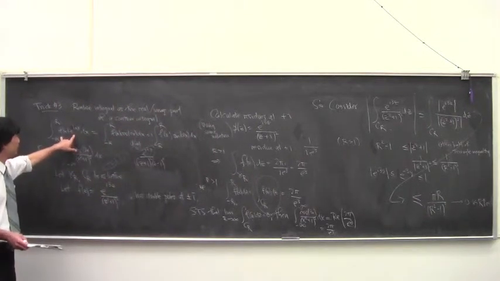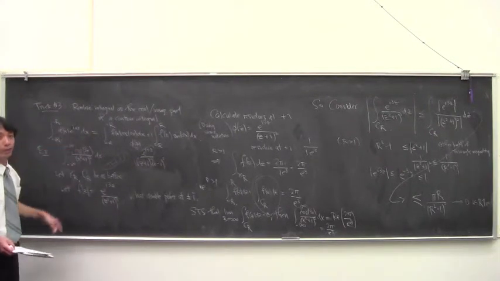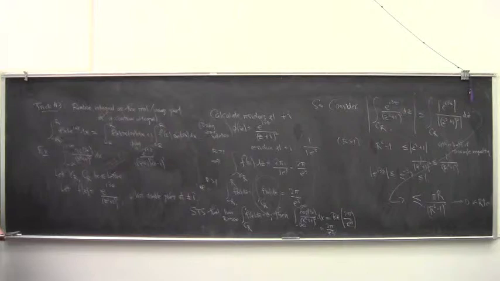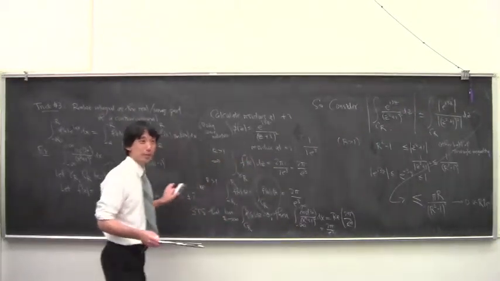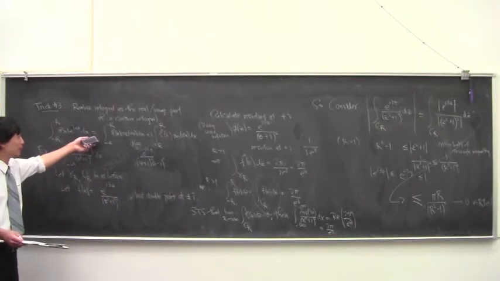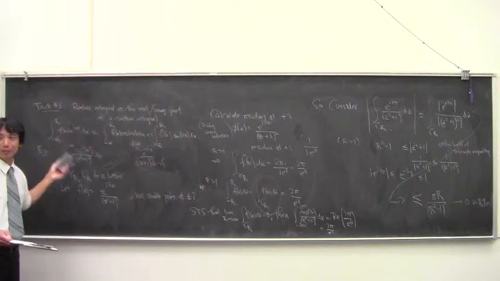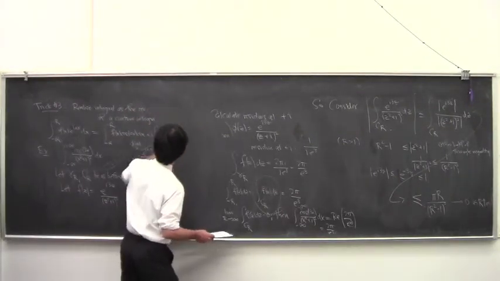This thing here you can evaluate as part of a contour integral. Any questions on that? It's a simple idea. Just realize that your integral is the real part and the imaginary part is the little integral. So, not that impressive.